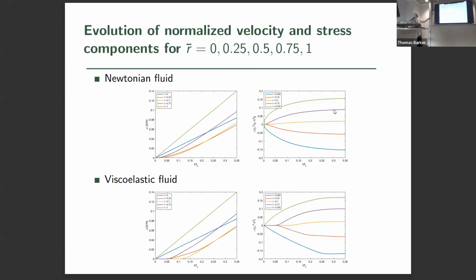For the special case when R bar equals 0.5, in the middle, here we notice the slow response of the fluid because this region is far away from both rotating cylinders.